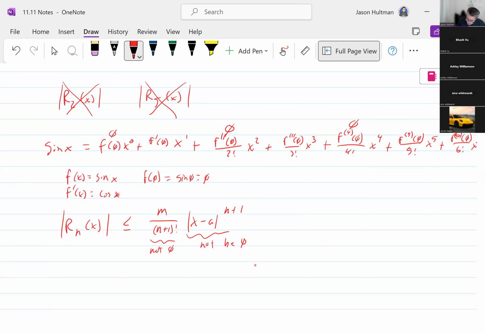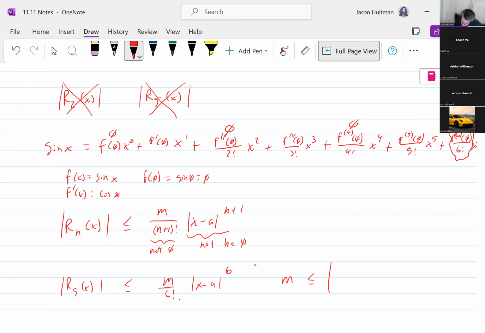Okay, so if I did R5 of x, what would I have to do? I'd have to go m over n plus 1 factorial times x minus a to the 6, right? These n plus 1s would be 6. Okay, but there's a problem. My nth derivative, which would give me my m.